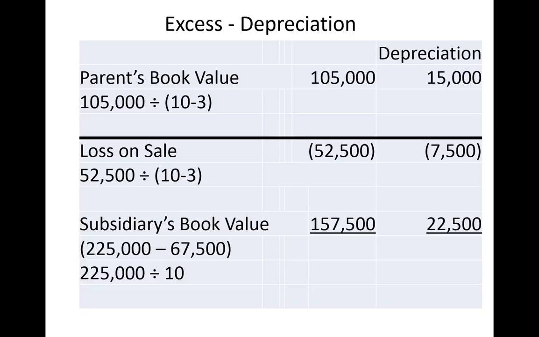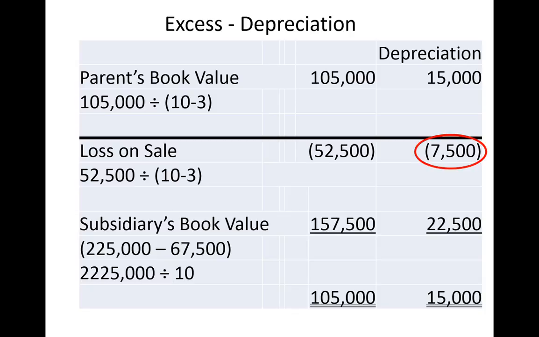So we're going to end up adding some depreciation, or increasing our depreciation expense, which is going to in turn lower net income. So this $7,500 is going to be a key number for us, and we'll refer to this as the excess depreciation amount. We're not going to use the words under depreciated or over depreciated. We'll just refer to this commonly as excess depreciation, whether it's a negative or a positive number.